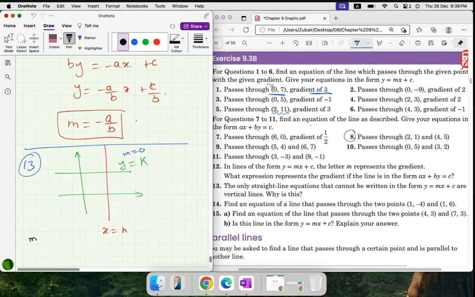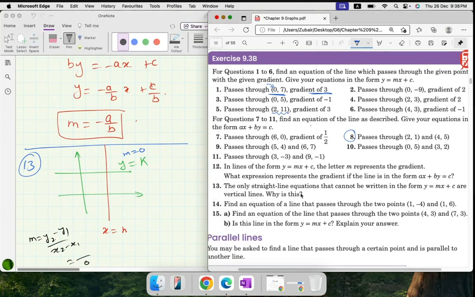Gradient was y2 minus y1 over x2 minus x1. So when x is not changing, the denominator is actually zero. And the question says the only straight line equations that cannot be written in this form are the vertical lines. Why is this so? Because the gradient is undefined and x is constant.